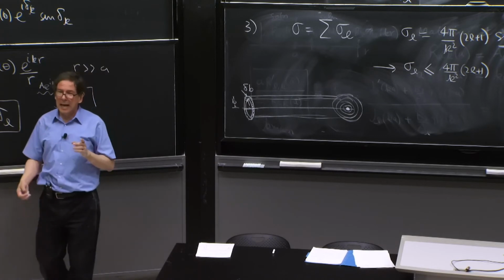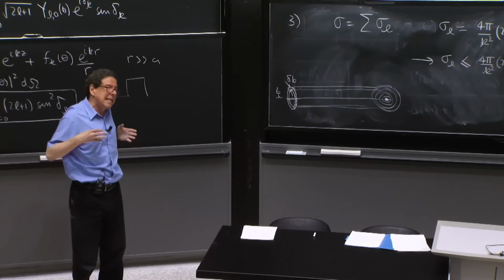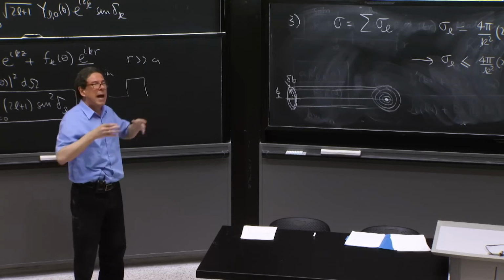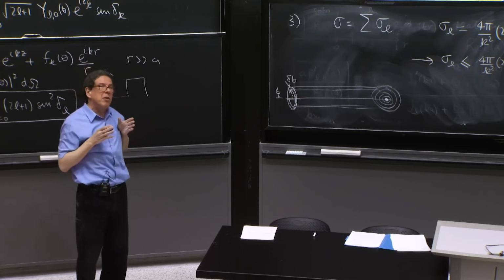Now, in classical physics, it's easy or reasonable to track things because everything is deterministic.